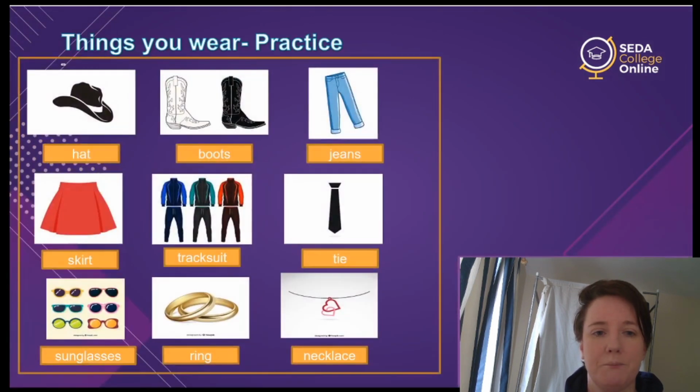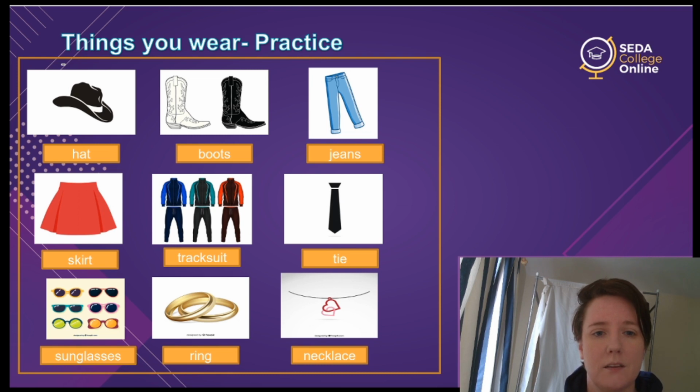Let's go through and let's look at the first one. Hat. Next, boots. The next one is jeans, skirt, tracksuit, tie, sunglasses, ring, and necklace. Okay, let's go over them again.